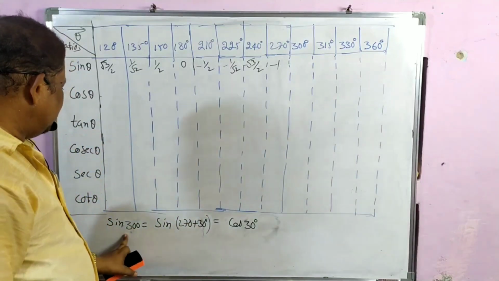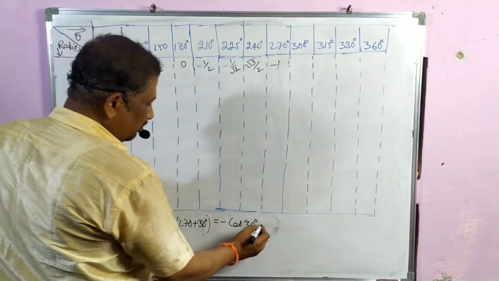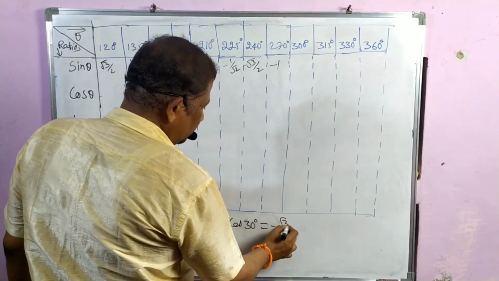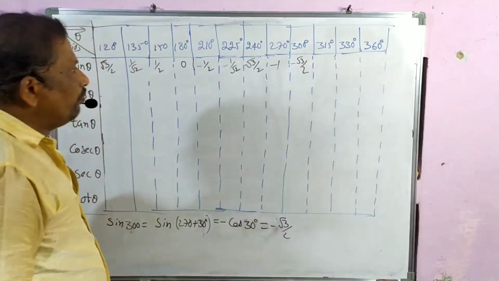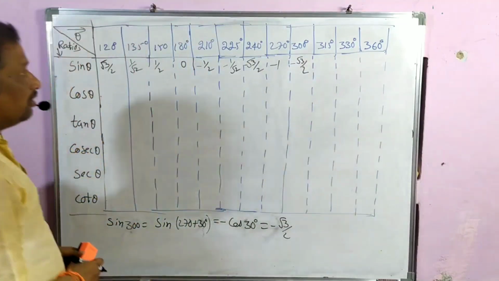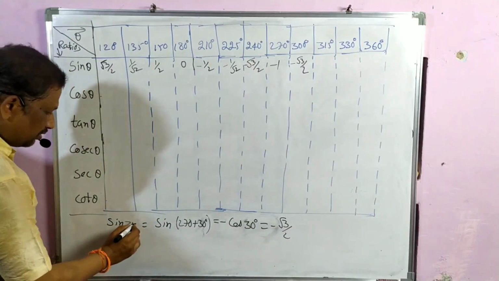In the fourth quadrant, sin is not there; cos and secant are, so a negative value: minus root 3 by 2. Next, 315.